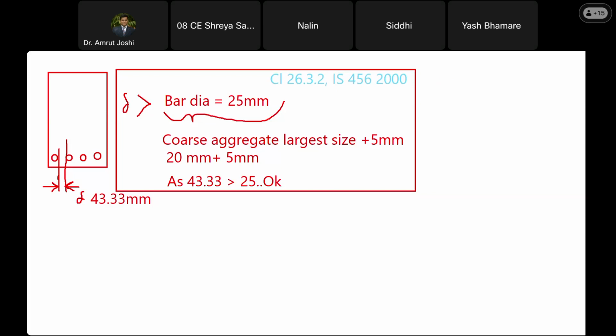Happy. Now what we will do next is compute the overall depth. Are you with me? Yes, sir. So let us compute the overall depth, which is denoted by capital D. What is the effective depth? Let me show that. Effective depth is the distance from the centroid of the steel till the extreme compression fiber.